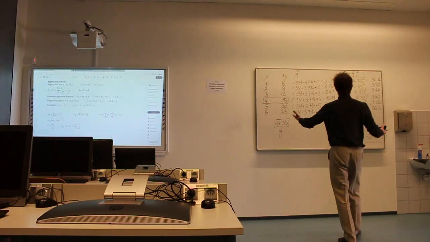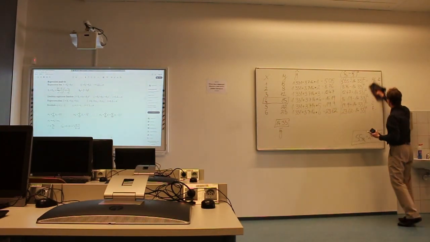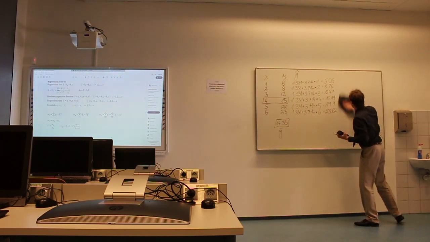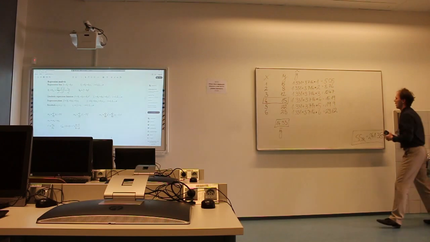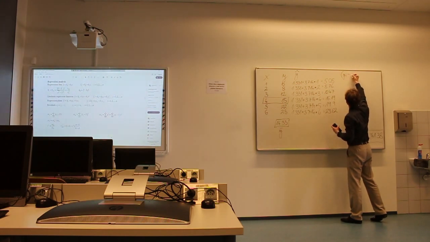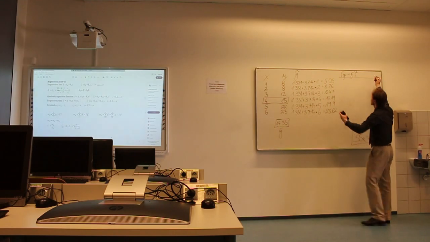So we will do this, yes, total sum of squares. We don't need this anymore. And according to your formulas, we need a variable y, we need the mean, and this must be in squares.